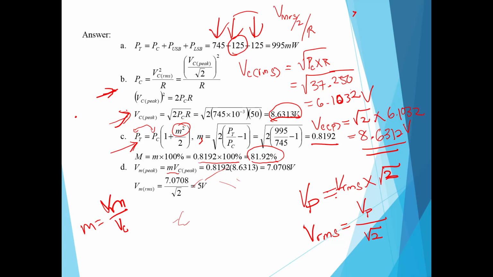So VM peak is 7.0708, or if you want to find the VM RMS, you need to divide peak value with square root of 2. So the RMS value for VM is 5 volt. Okay.